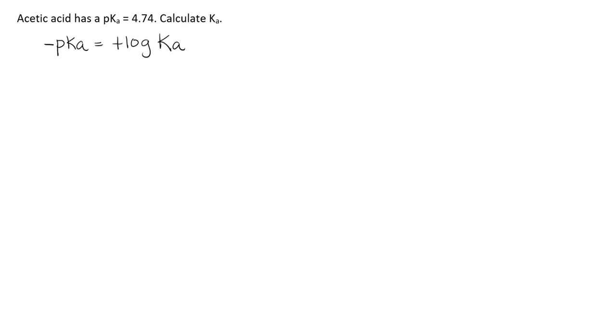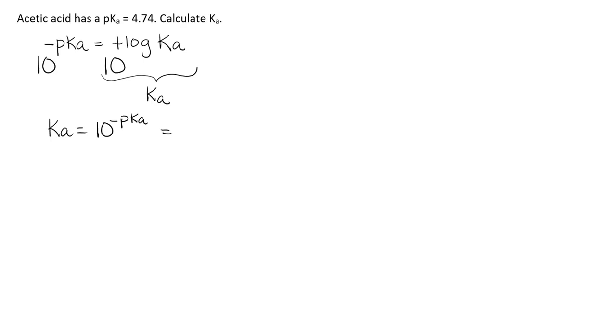Then, if we take the antilog of each side, we'll end up with 10 to the negative pKa equals Ka. Because if we take the antilog of a log, they basically cancel each other out. So our equation is Ka equals 10 to the negative pKa.